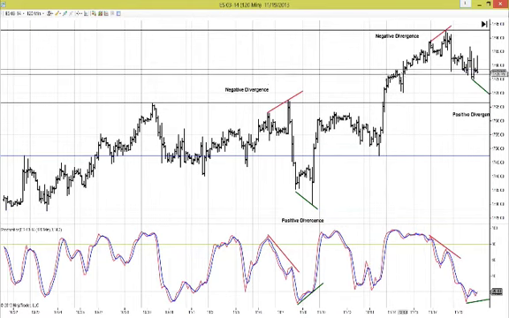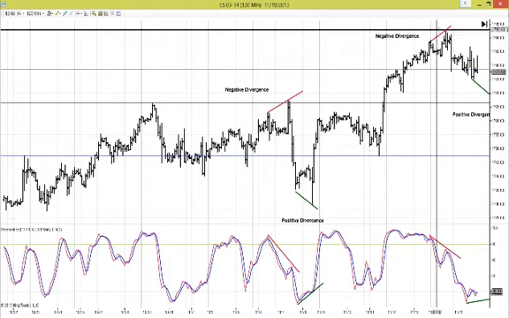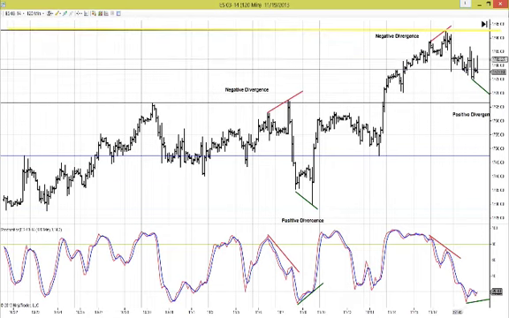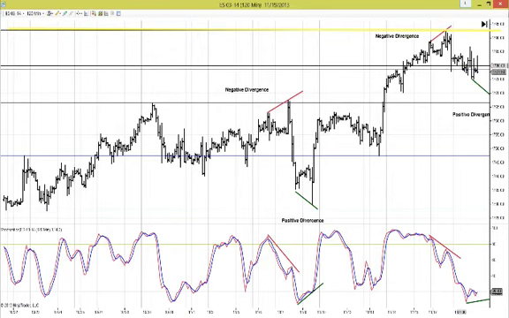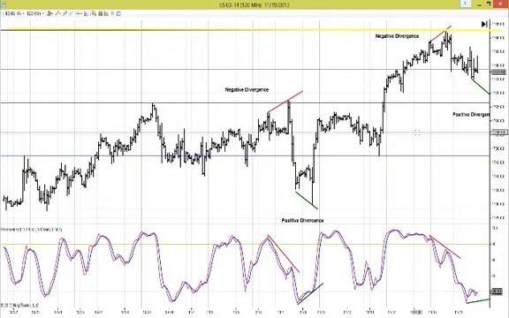So we wait until it continues. It reaches again the area of resistance, but it does it with an important divergence that we identify as negative divergence. And that in itself, together with being in a resistance area, gives us enough evidence to sell it, and so forth and so on.